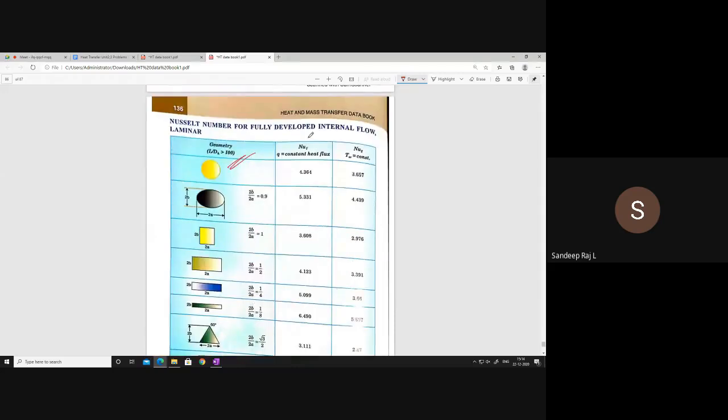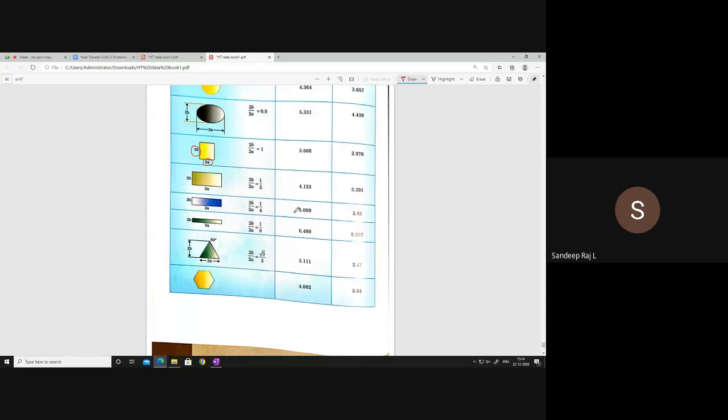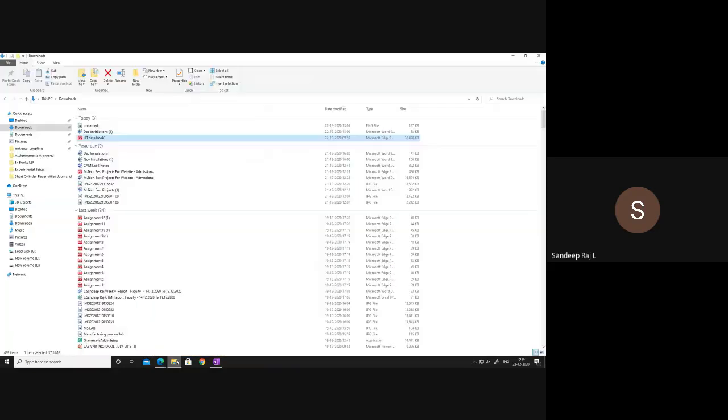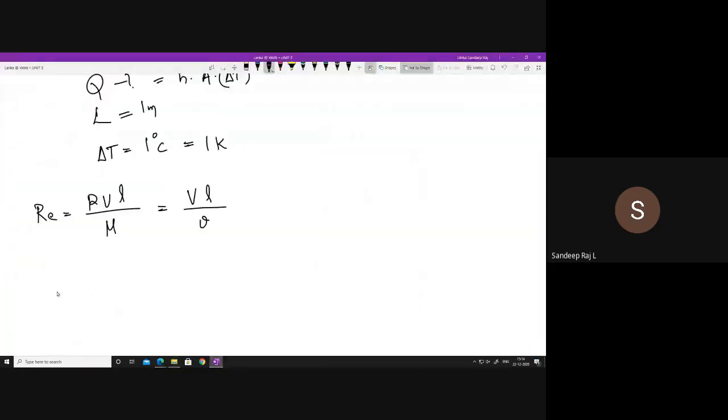This itself is enough for us because nu values are directly given to us here. So what is the ratio of the length to breadth? You have to get it, and based on that you can choose here. Let's not put this as L. Let us keep it aside for now.